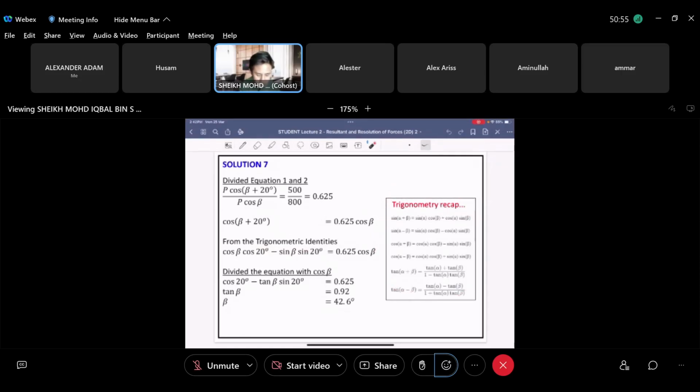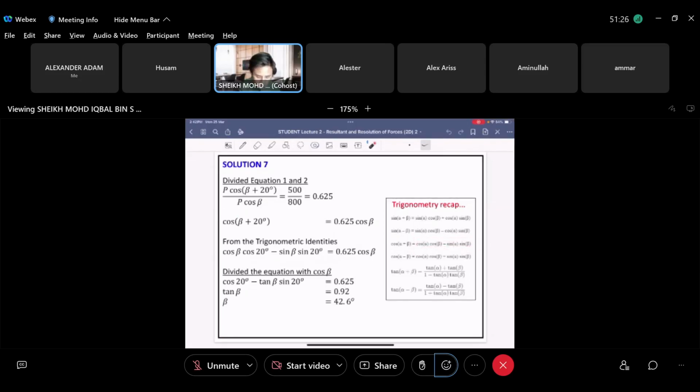So cos(beta + 20 degrees) here is actually this one here. So it's the same thing, right? It's a trigonometric identity. So now you can change this one into this format here because of the trigonometric identity. See, cos(alpha + beta) is the same thing, right? So you can change it into something like this so that it's easier for us to solve it, right?